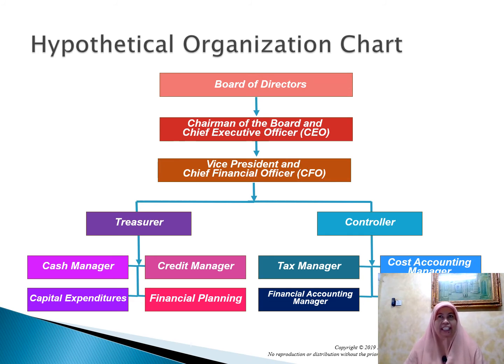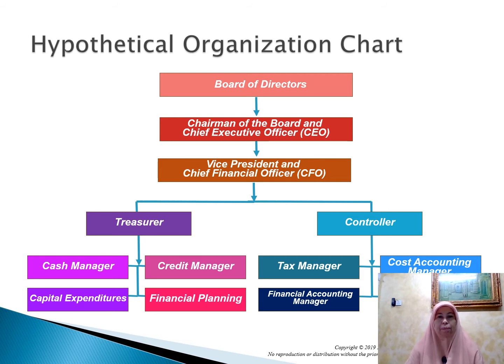Okay, if you look at the organization chart, the management starts from the board of directors. You can see that the shareholders are not part of the organization chart. Shareholders are considered an external party.